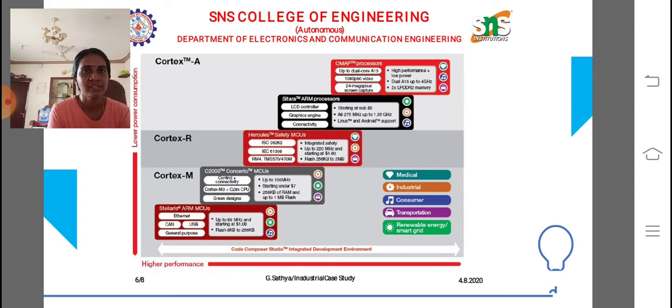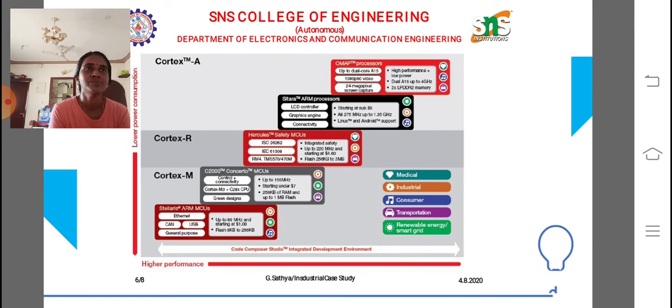Cortex A is mainly used in high performance applications and consumes only low power. It is mainly applicable for dual core processor applications. In the second case we consider the Cortex R series.